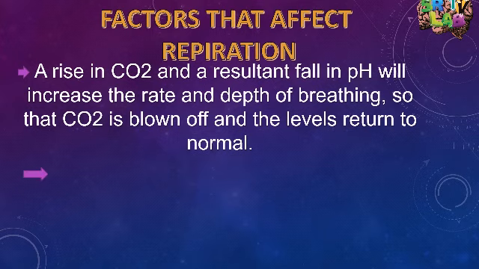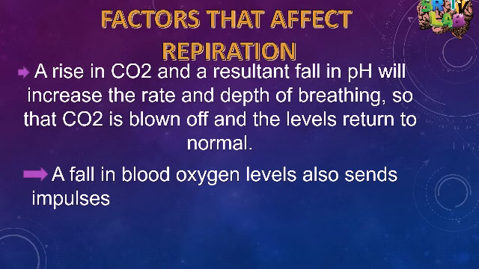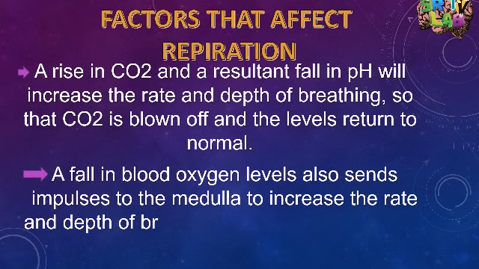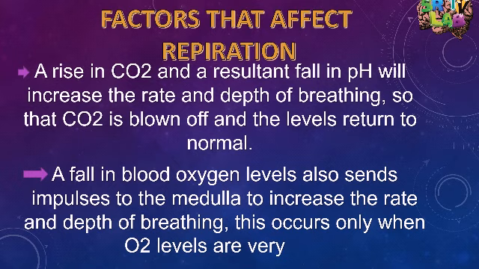The other factor is when there is a fall in blood oxygen levels. These send impulses to the medulla oblongata to increase the rate and depth of breathing as well, and this occurs only when oxygen levels are very low.